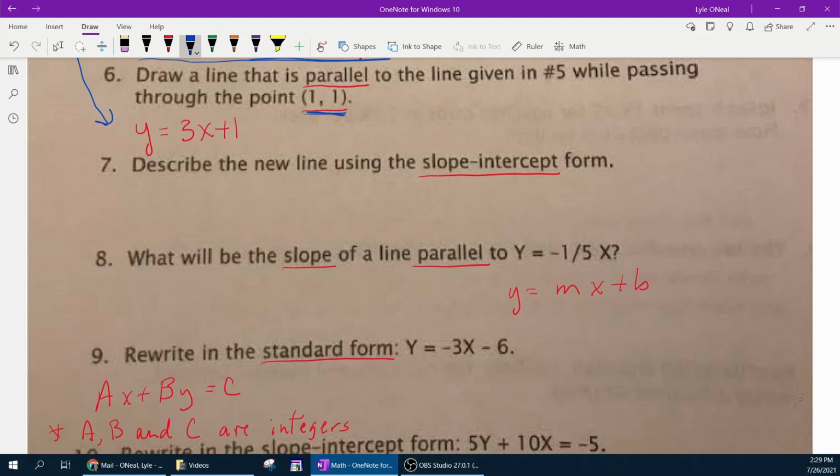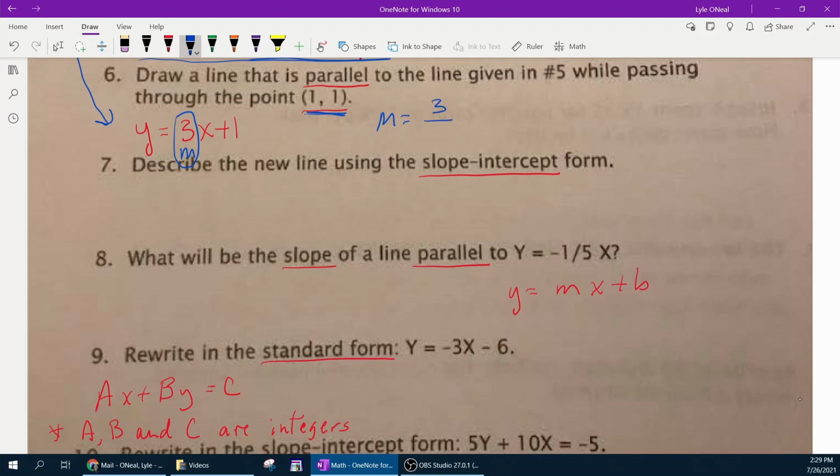Okay, so we know that parallel lines have the same slope. And so we can see that this line has a slope of 3, which means that our line also has to have a slope of 3. And I need that to be a fraction so that I can see the rise and the run.